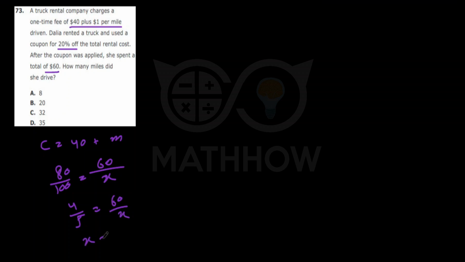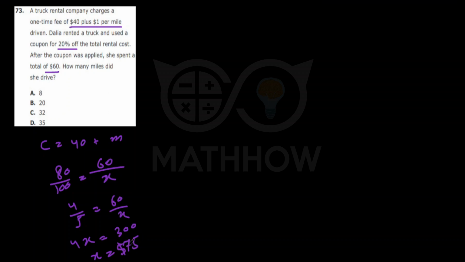Cross multiplying, we get 4x equals 300, and dividing by 4 on both sides, we get 75. So $75 is the original amount she would have had to pay if she didn't have the coupon, but she applied the coupon and the amount became $60.